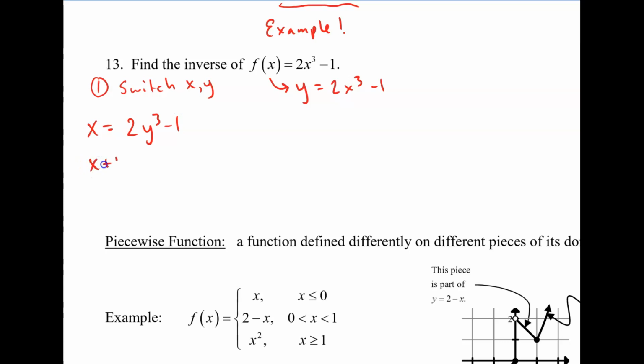So I get x plus 1 is equal to 2y cubed. We'll divide by 2, so x plus 1 divided by 2 is equal to y cubed.